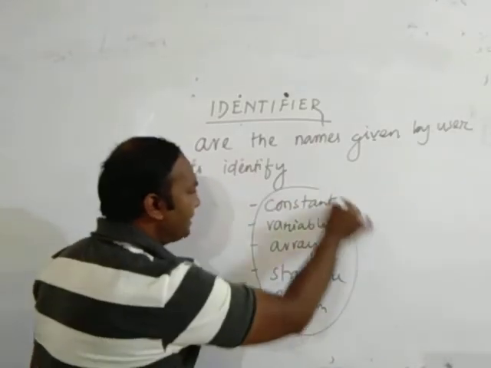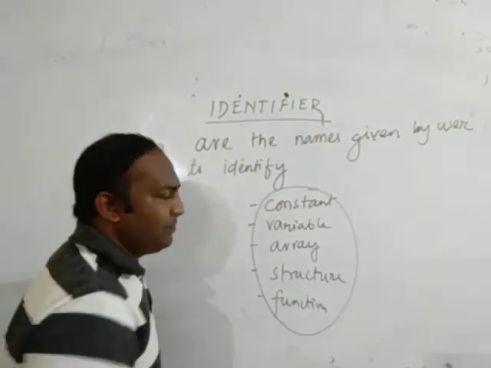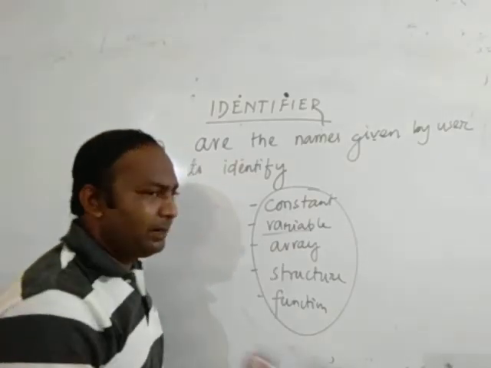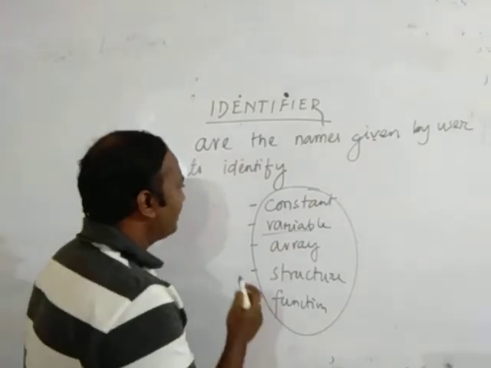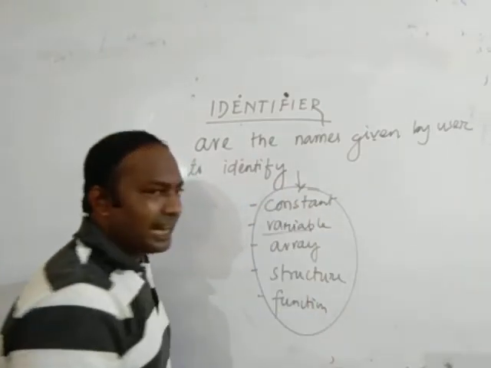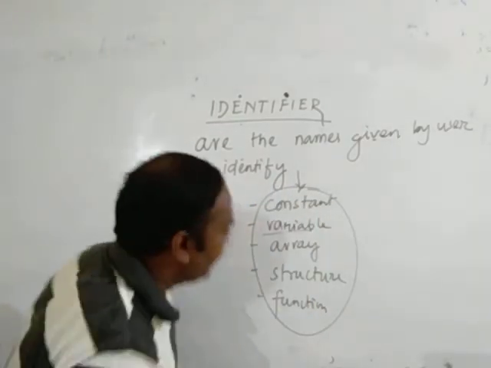For naming a constant, we will use an identifier. For giving a variable a name, we will use an identifier. So identifiers are the naming process to give names to these kinds of things.